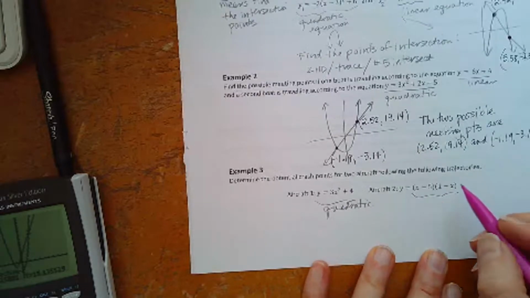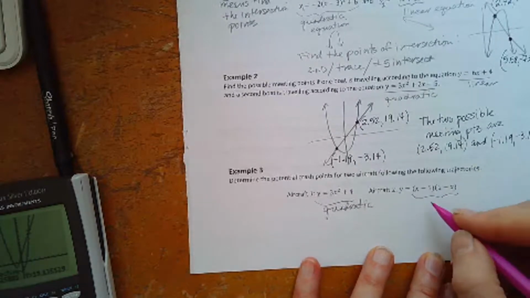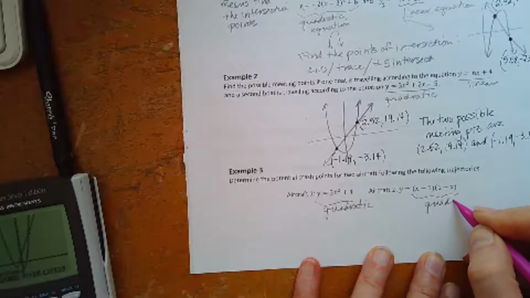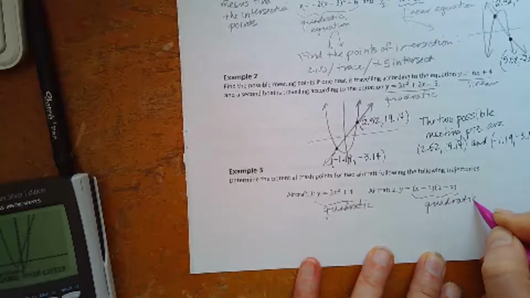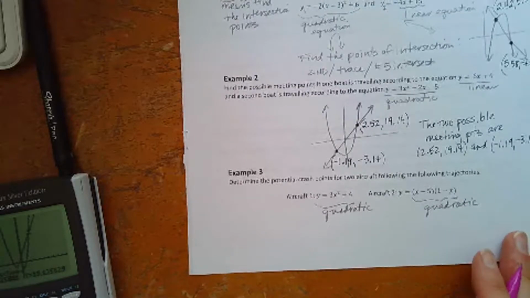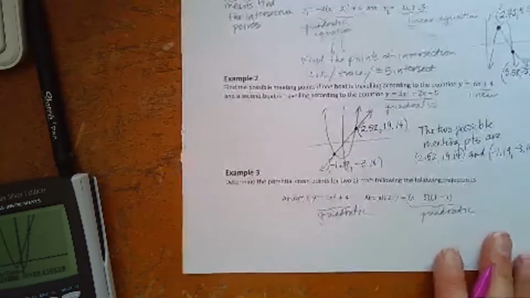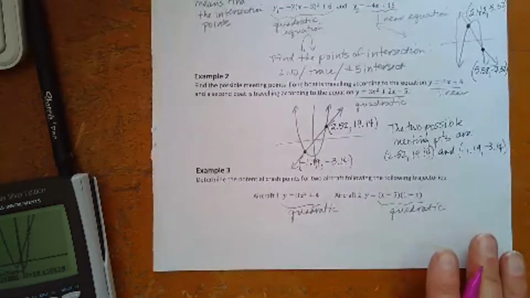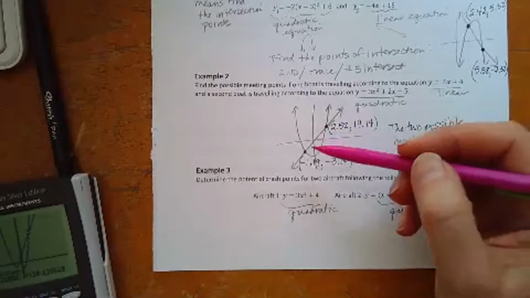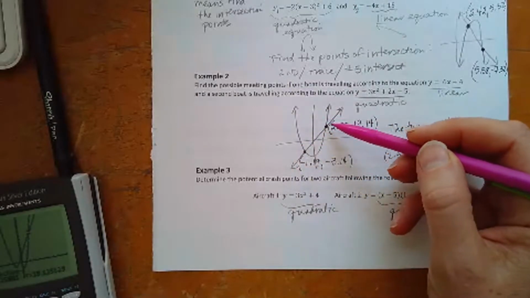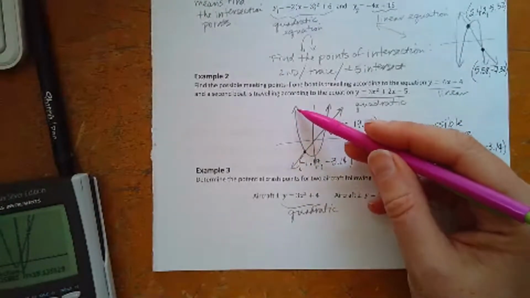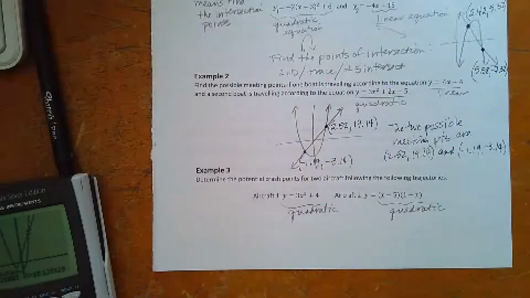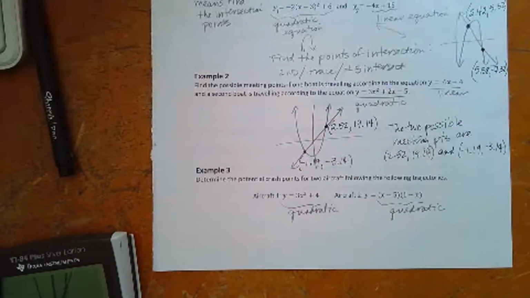This is also another quadratic because of the two x's. When they multiply out, you get an x squared. Okay, so I've got quadratic, quadratic. Could they possibly meet? Well, for sure they could, right? If you think about it, two quadratics could actually meet in a few different formations.